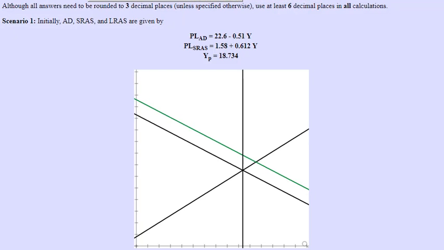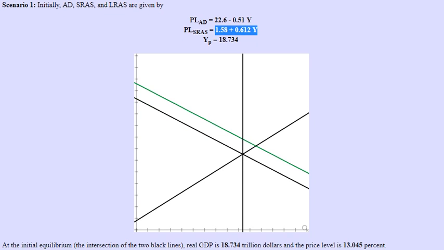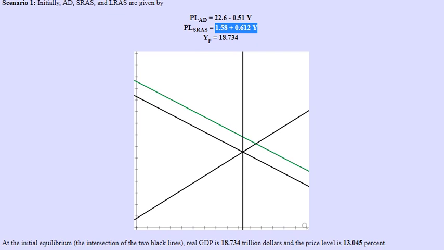Okay, in question 3, we're going to revisit this question again. Again, to calculate the initial equilibrium right here, we set the aggregate demand curve equal to the short-run aggregate supply curve. We solve for y, and we get $18.734 trillion.